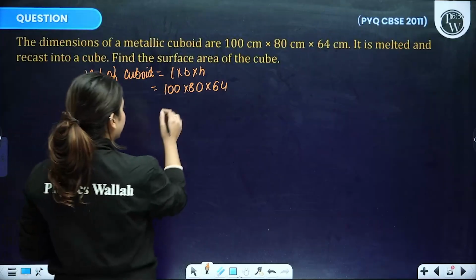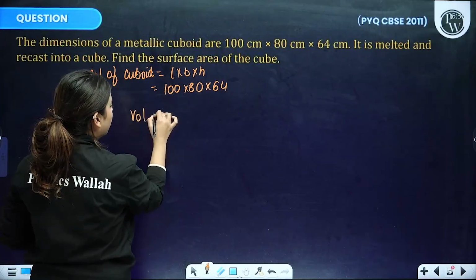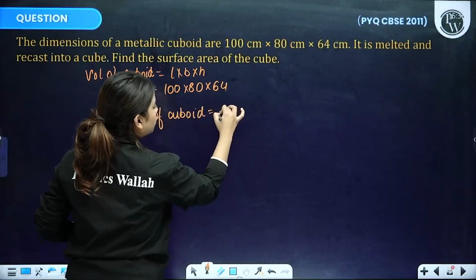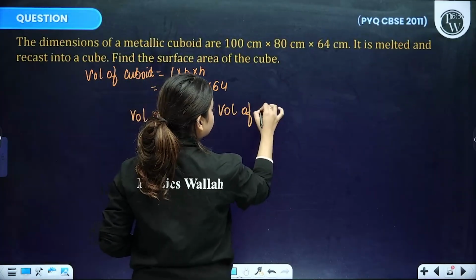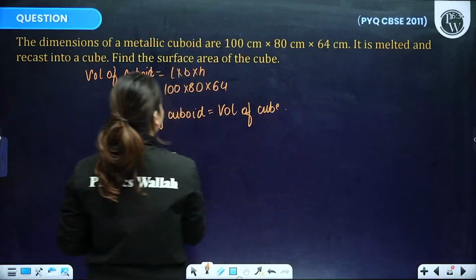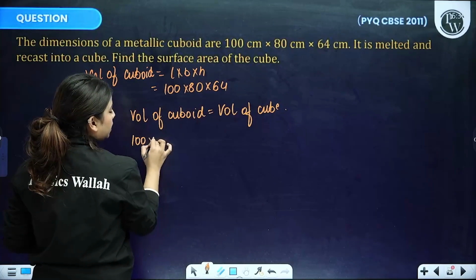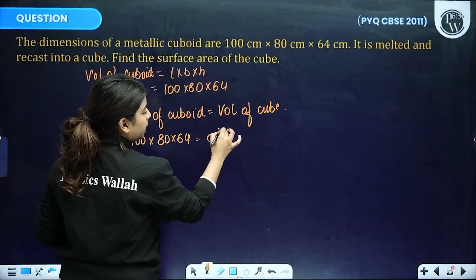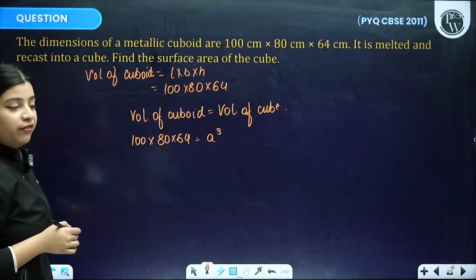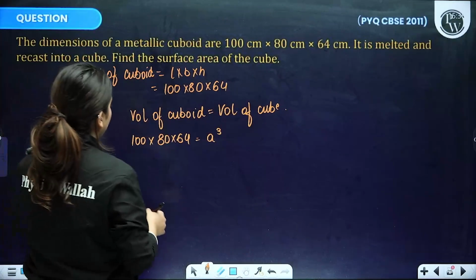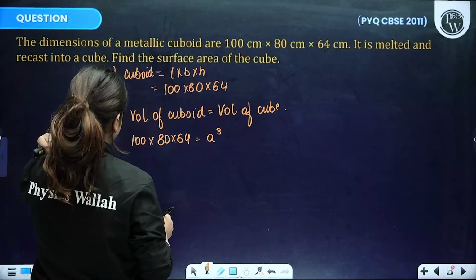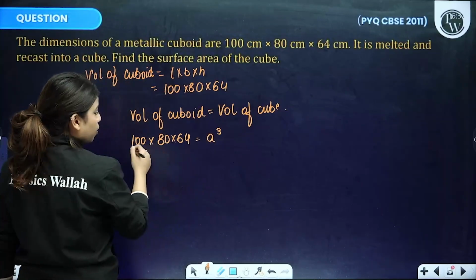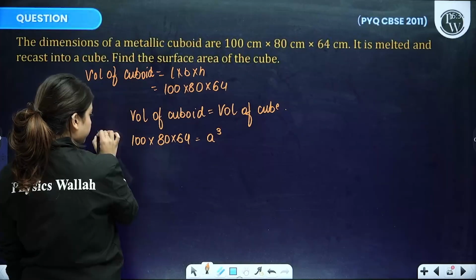So basically, we know that volume of cuboid will be equivalent to volume of cube. That means 100 into 80 into 64 will be equivalent to a cube. Very first thing. Now this after multiplication will give you what?